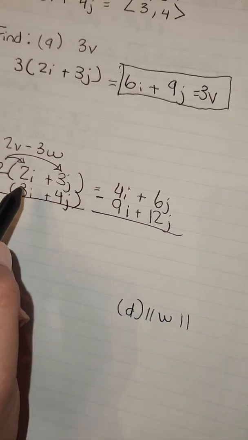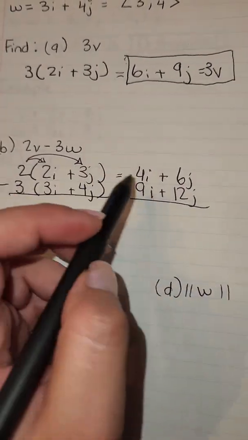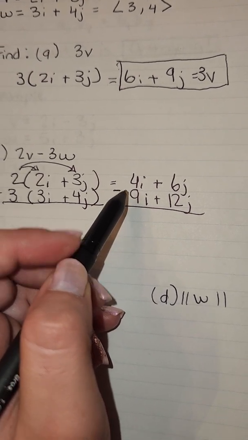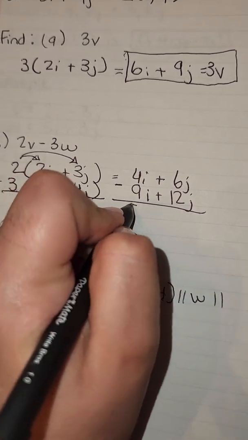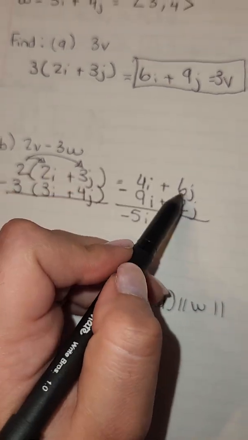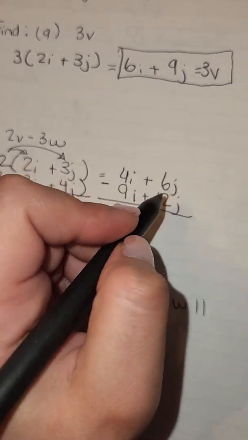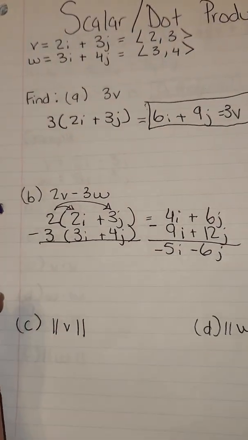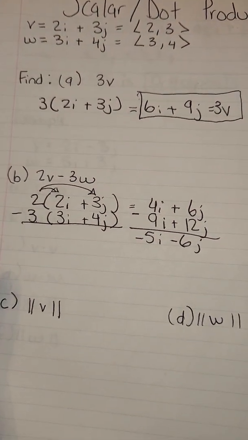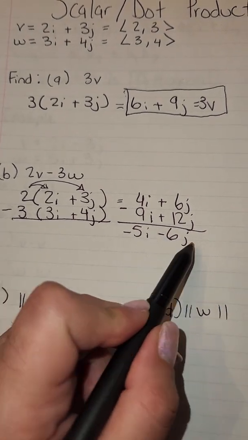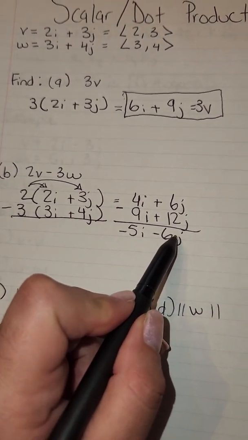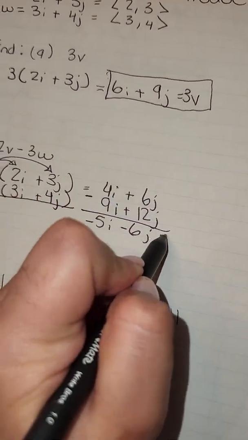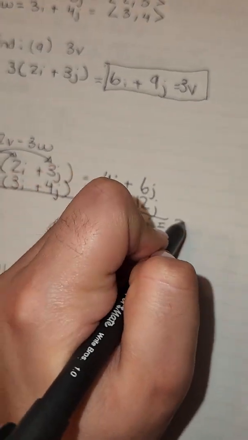Now we're just going to subtract them. 4 minus 9 is negative 5i. 6 minus 12 is negative 6j. So your answer for 2v minus 3w will be negative 5i minus 6j.